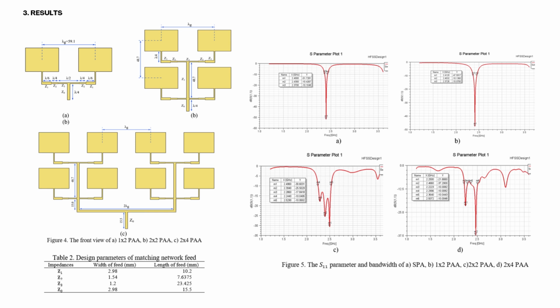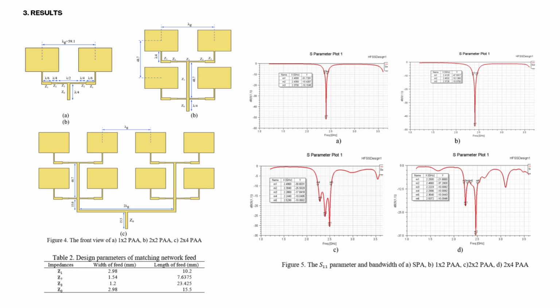As depicted in Figure 5a, the S11 parameter of SPA reached the highest point at minus 51.7 dB. And similarly, S11 results do not differ significantly in the two-element PAA, Figure 5b, achieving minus 47.5 dB. Both types of antennas have a bandwidth of 60 MHz.